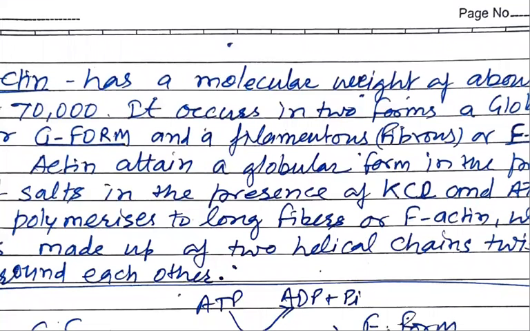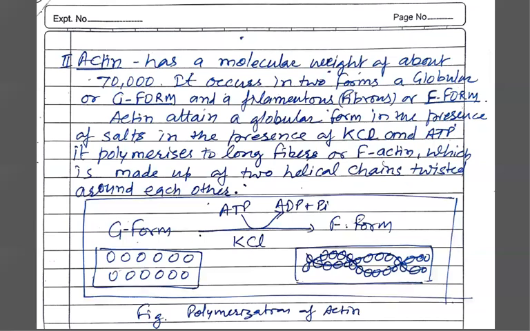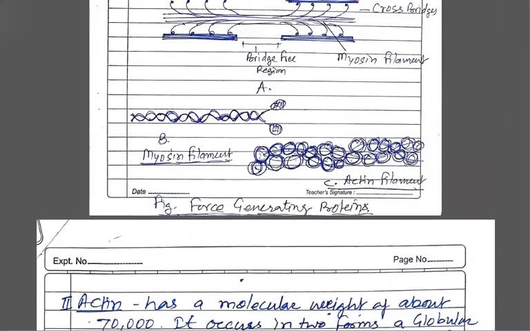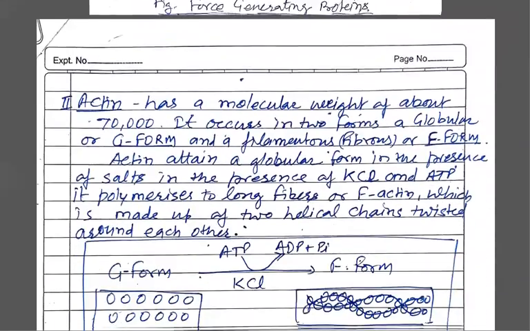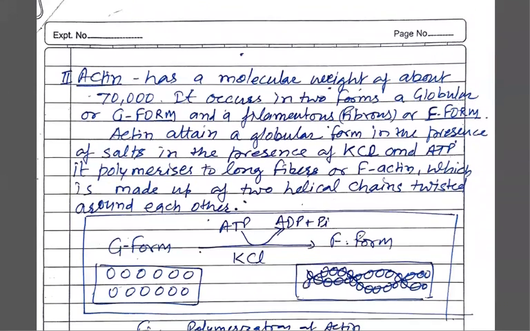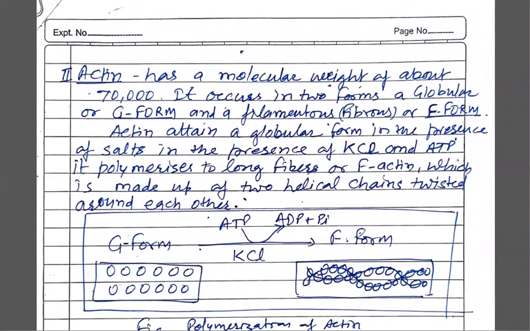The second one is actin, which has a molecular weight of about 70,000 units. It occurs in two forms, a globular G form or a filamentous F form. Actin attains a globular form in the presence of salts.